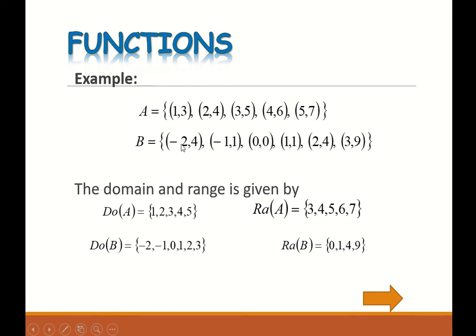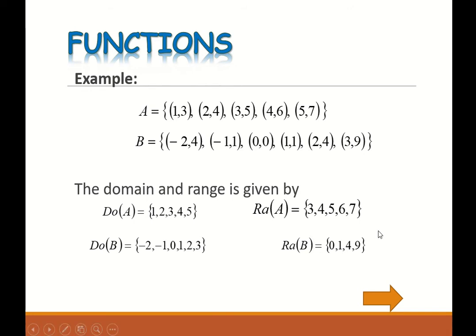So we have negative 2, the first element of the first ordered pair, then negative 1, the first element of the second ordered pair, then 0, the first element of the third ordered pair, and 1, the first element of the fourth ordered pair, and then 2, the first element of the fifth ordered pair, and 3, the first element of the sixth ordered pair.